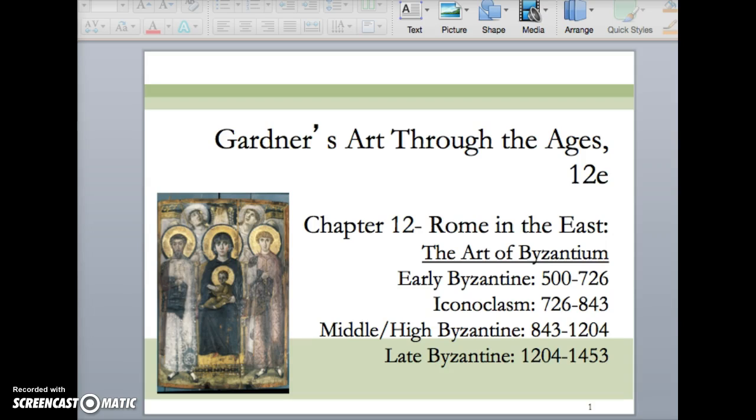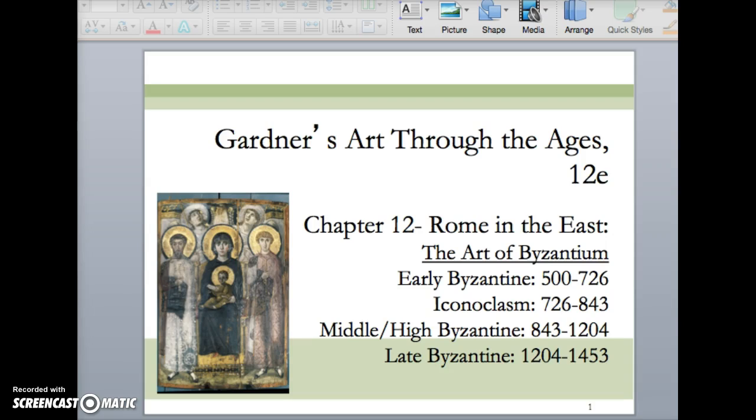And then also the architecture is really important. We see a lot of Christian churches being erected during this time. So think about where they were located, who commissioned them, what the outside of the churches looked like, what the inside looked like, what the plan was.